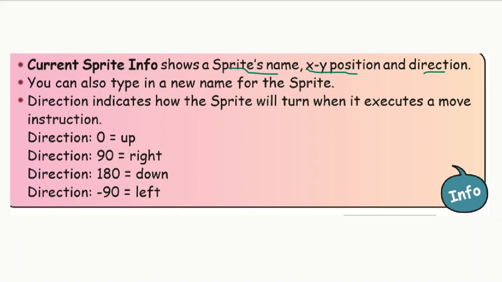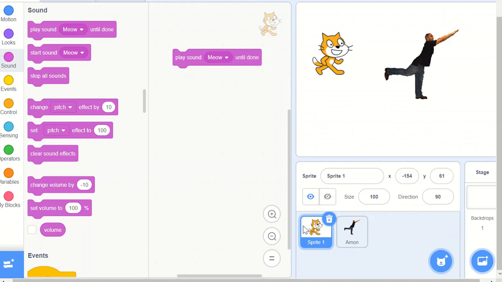Now what is the XY position? As you can see here, if I have the value minus 154 and I change the value by 56, then you can see that the sprite has changed its position, and when I drag and drop it at any particular place, the value changes.